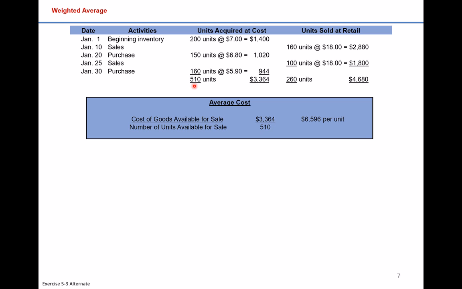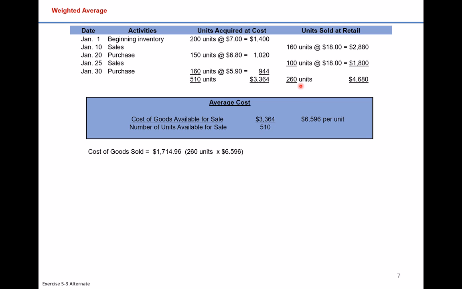So now that we know that every unit cost us essentially $6.60, we can quickly determine the value of ending inventory and the value of cost of goods sold, can't we? Well, for the cost of goods sold, we know that we sold 260 units. Remember, we sold 160 on January 10th and another 100 on January 25th.